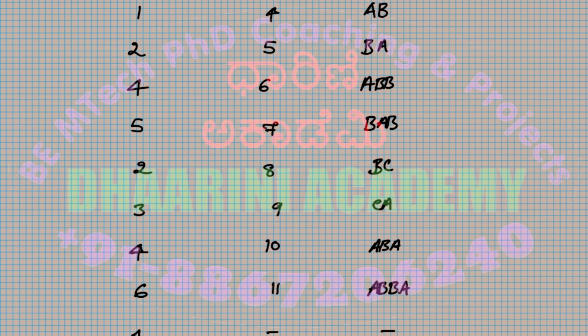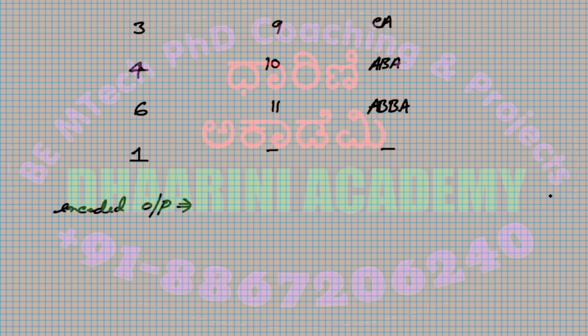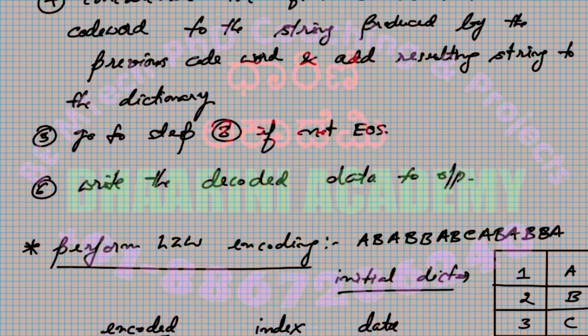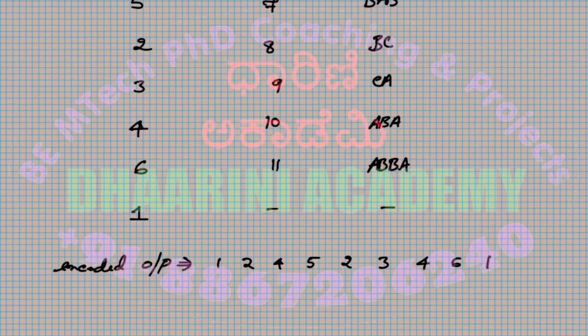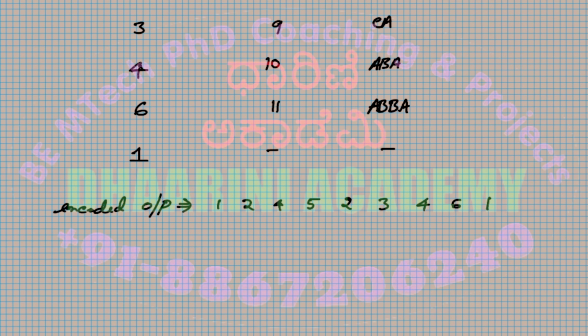What is it? 1, 2, 4, 5, 2, 3, 4, 6, 1. So that's what you are trying to say as an output of this technique.